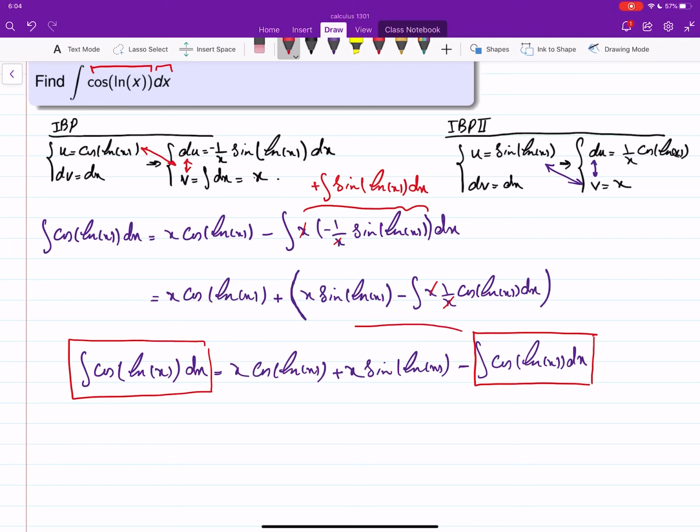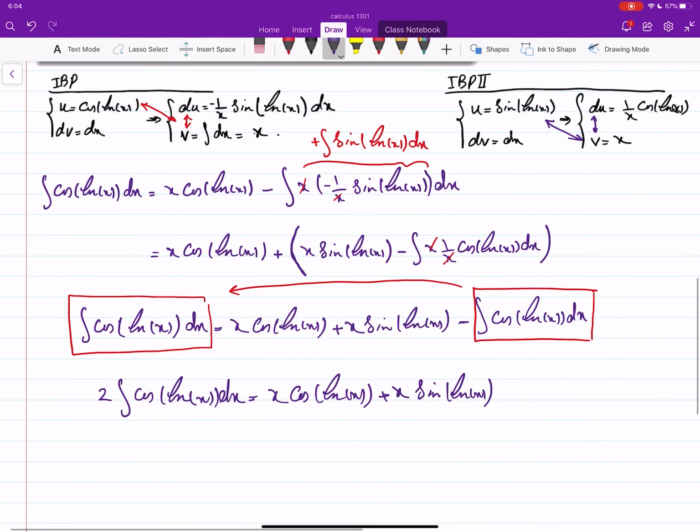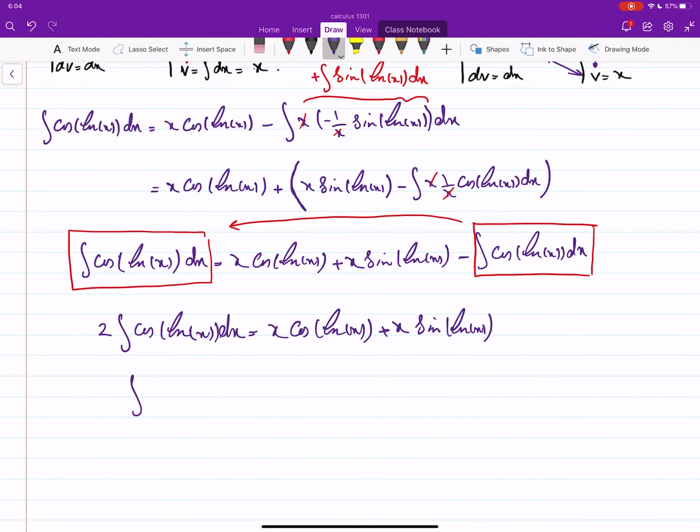Now, if I take this one to the left-hand side, I'll get 2 times the integral of cosine of ln x dx equals x cosine of ln x plus x sine of ln x. And then just get rid of that 2.